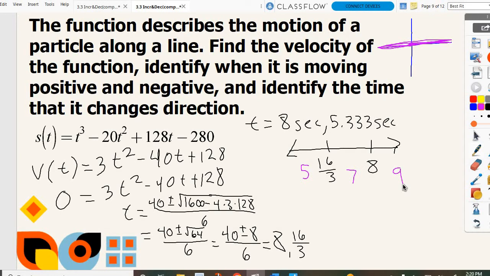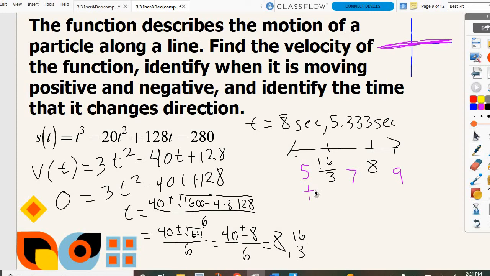3t squared minus 40t plus 128. I just need to know if it's positive or negative. Let's do calculations either in our head or in a calculator. It is positive.